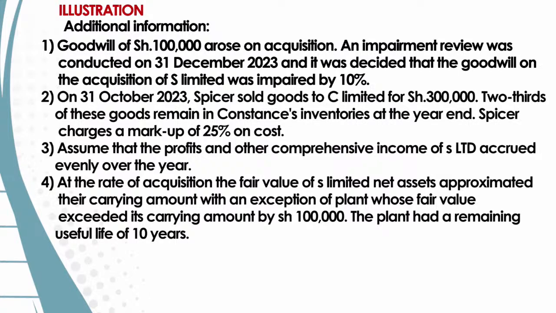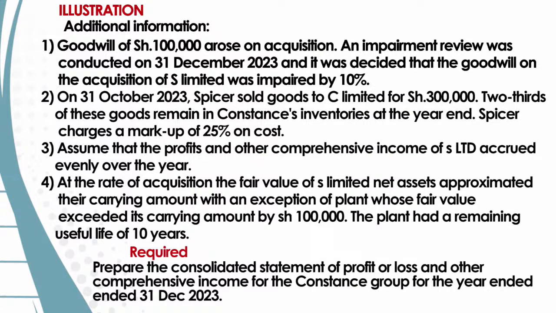The plant had a remaining useful life of 10 years. So what are we required to do? We are required to prepare a consolidated statement of profit or loss and other comprehensive income for the C group for the year which ended 31st of December 2023.